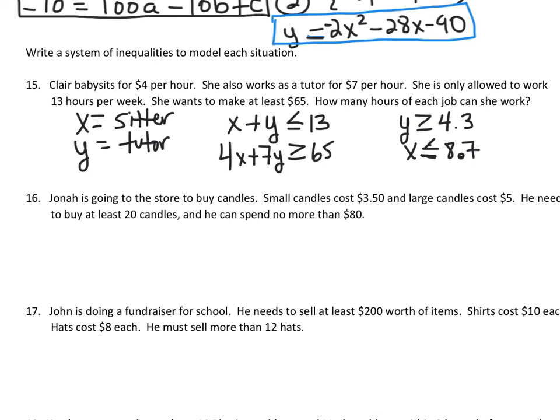Or we could do x is 8 and y is 5. Since y is greater than or equal to 4.3, we're probably going to have to go up to 5 for y. Then we would put 5 in for y, and x would be 8. So those are probably the numbers we need to use here. x needs to be less than or equal to 8.7.